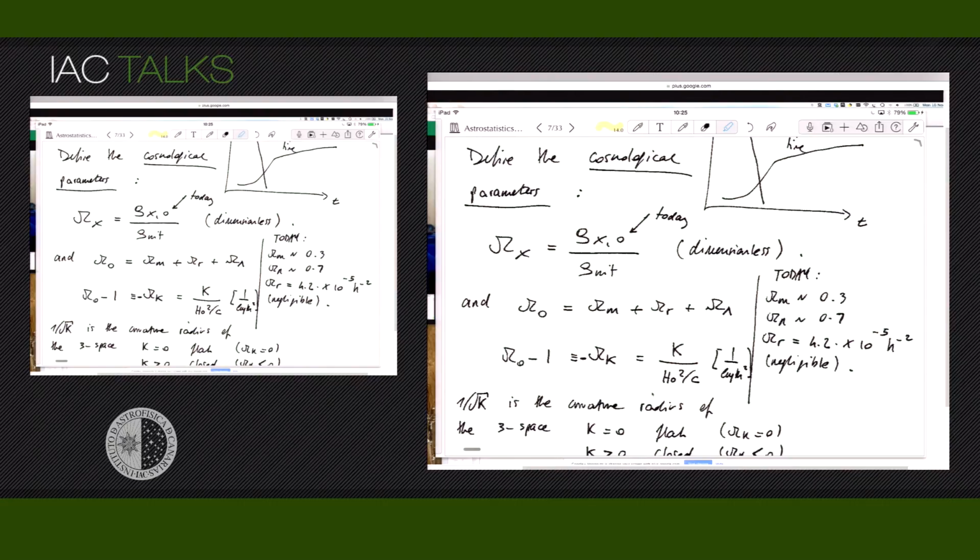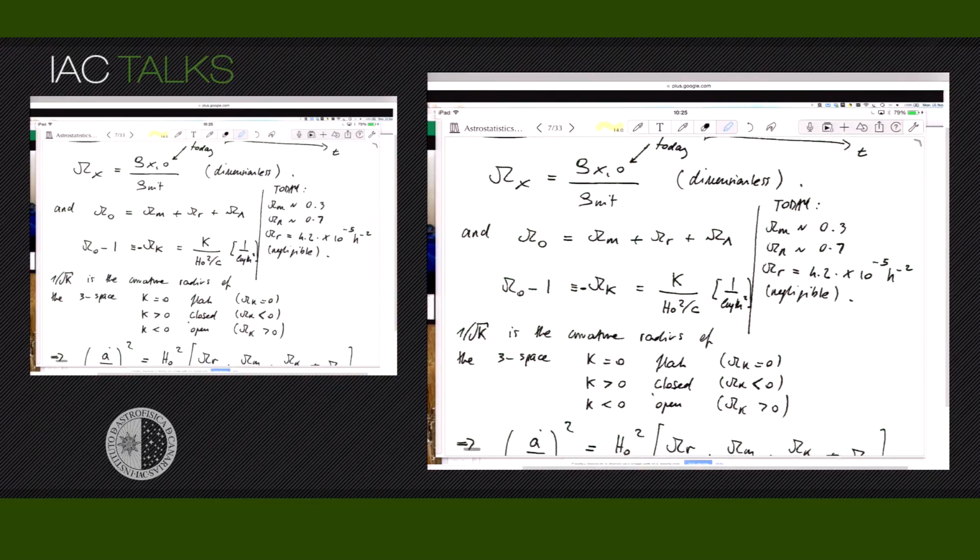Now, because the omega x's are defined with respect to the critical energy density, it turns out that omega naught minus 1, where omega naught is the total density today in units of the critical density, is equal to minus omega curvature, where omega curvature is defined as the curvature scale, kappa, divided by the Hubble parameter squared today.